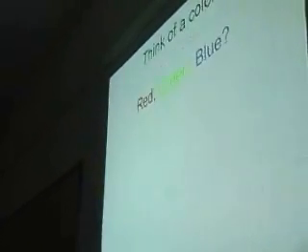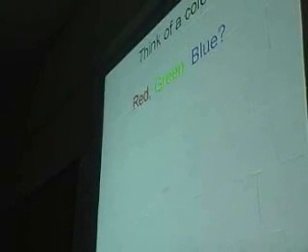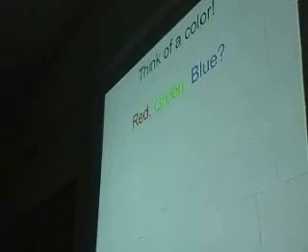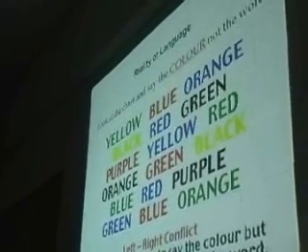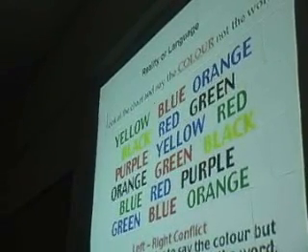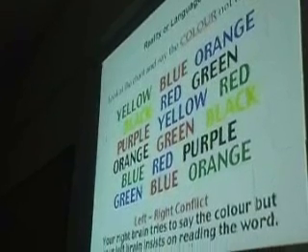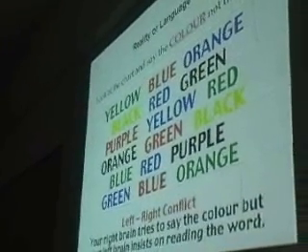Now, the right brain sees color, but the left brain reads the words. So say the color, not the word, to yourself. What color is that? Not the word. You see how strong the left brain has become? Because you want to say the word, not the color.